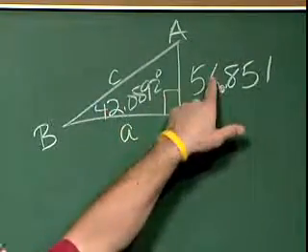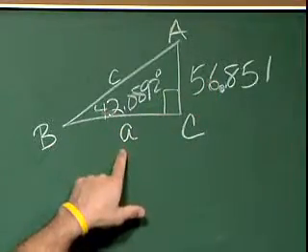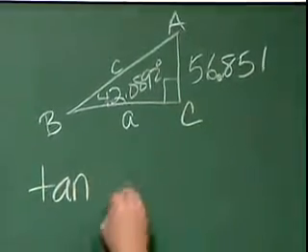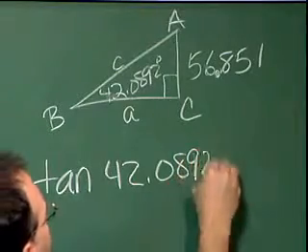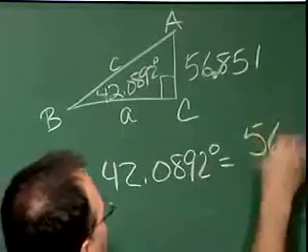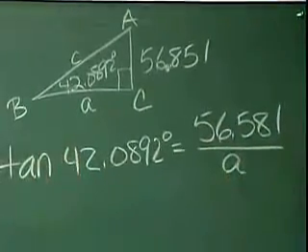So we can use the right triangle trig to find, for example, side A, because we know that opposite the angle 42 is the 56.851, and the side adjacent is A. Therefore, the tangent of 42.0892 degrees is equal to the side opposite divided by the side adjacent.